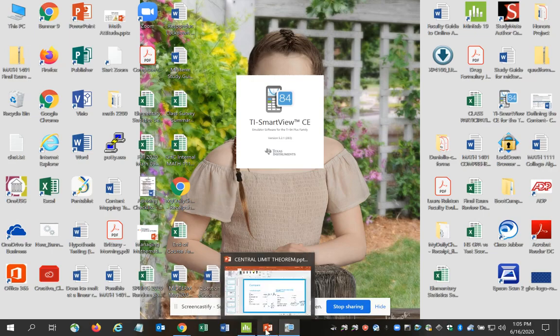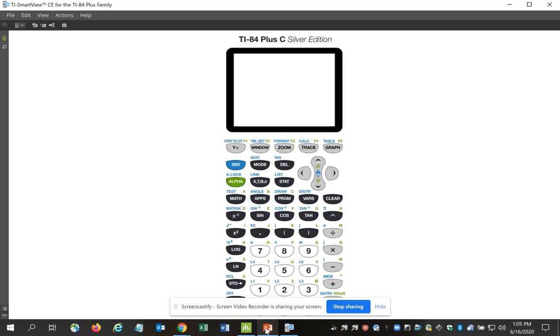Okay, so there's really three things that are going to come out of the central limit theorem. But here's my calculator, so let me prove this to you.